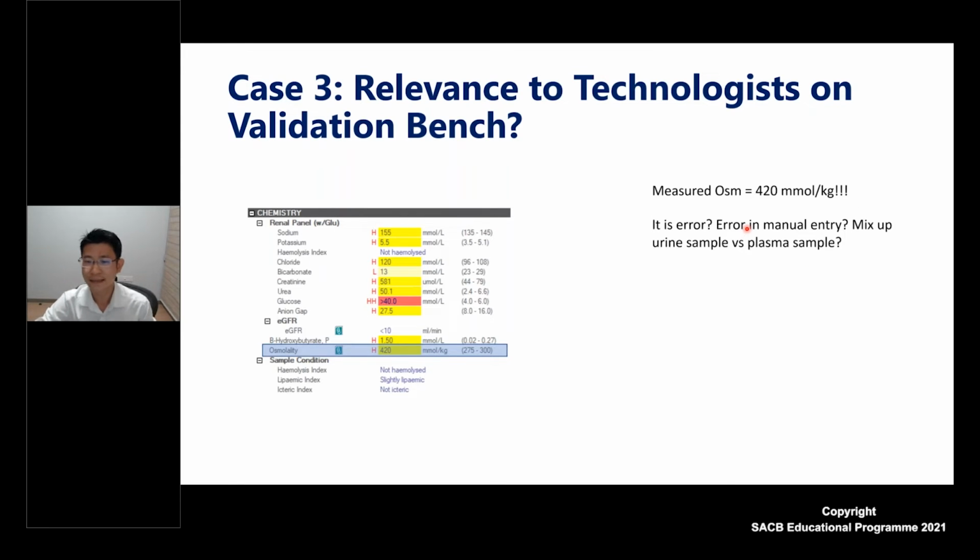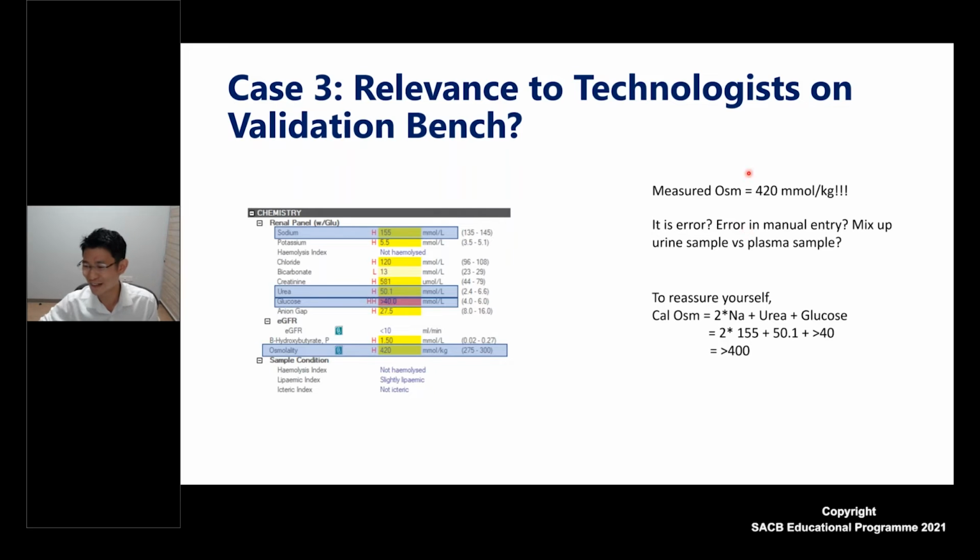Is it an error? Osmolality is measured with manual transcription, and usually they may send a urine sample together with a serum. When you think about 420 millimole per kg, you think maybe it's a urine sample. Is it a mix-up? Did I mix up the urine and the plasma sample, or is it some error in manual entry, or is my instrument inaccurate? How can we reassure ourselves?